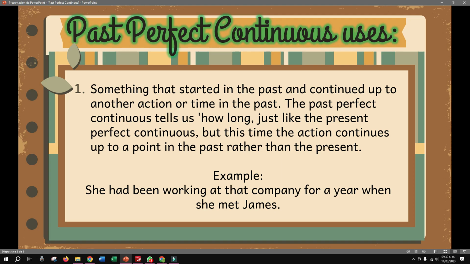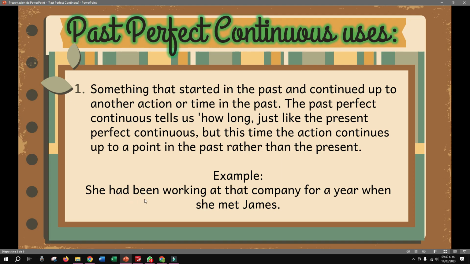So there you have. First, she had been working. There you have the structure in past perfect continuous. You have the subject, then you're going to have the auxiliary, in this case in past, had, and also the verb to be in past participle. That would be the second auxiliary, right?